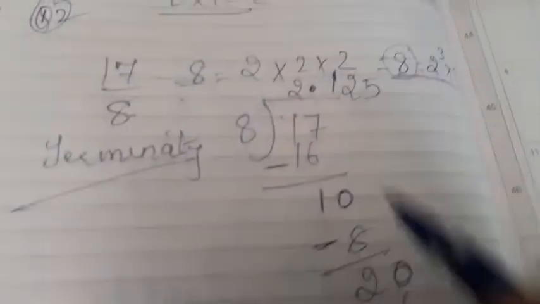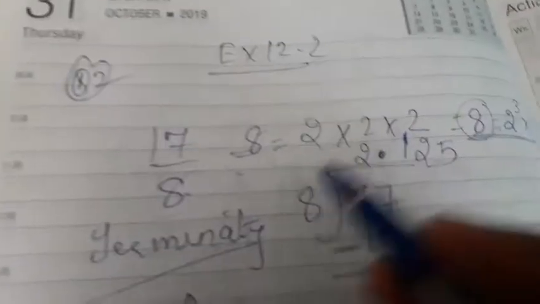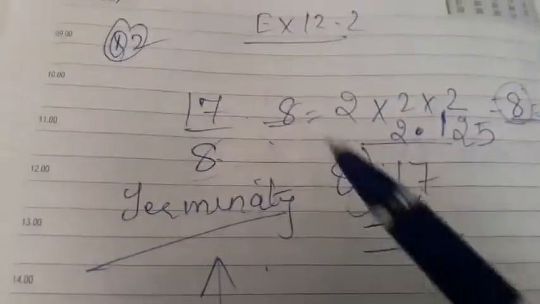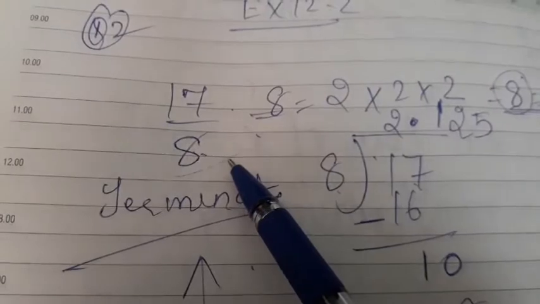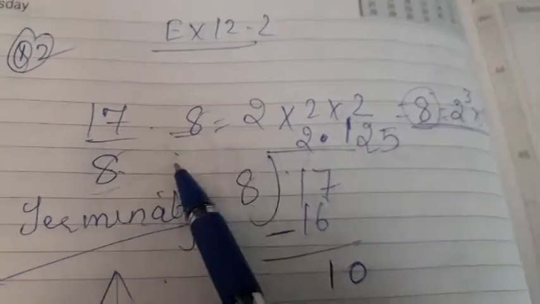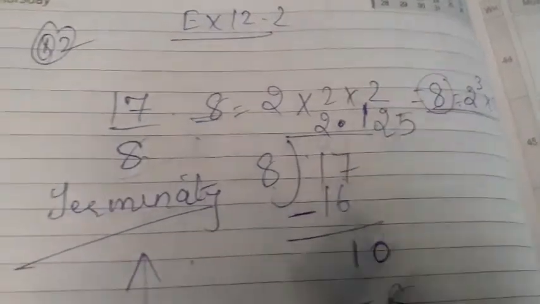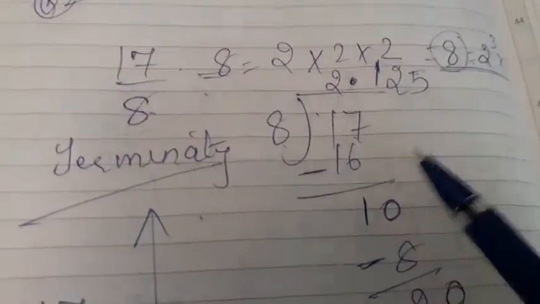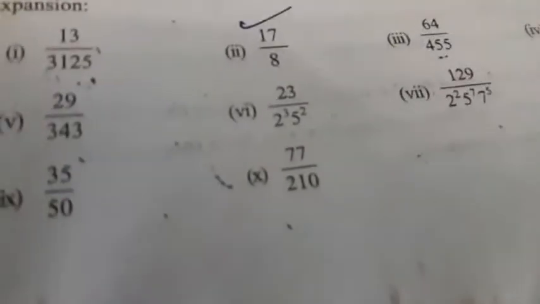So therefore we can see that 17 by 8 is a terminating decimal, and the answer is 2.125. This is how we have to check: if the factors of the denominator of the given rational number are in the form of 2 and 5, then you can express it in decimal form, and that will be terminating. If you want, you can take up one more question.